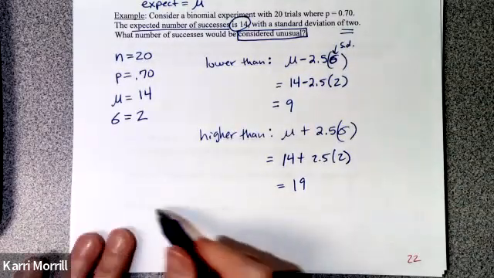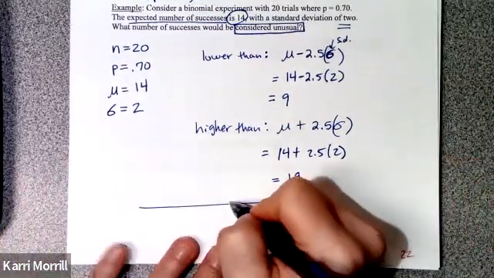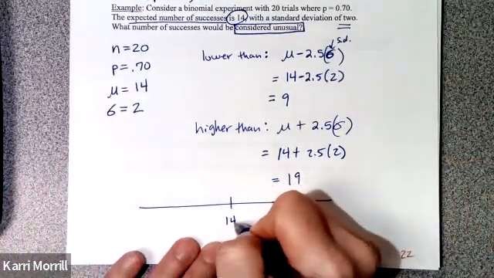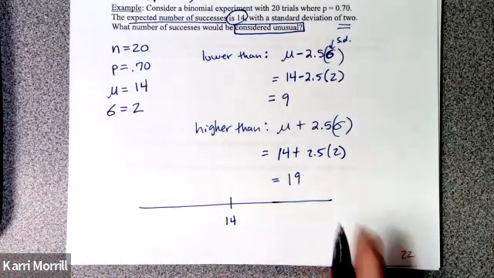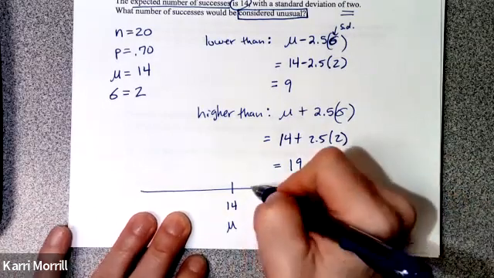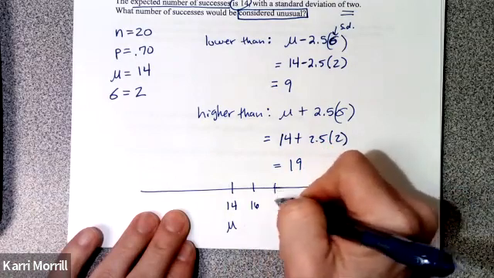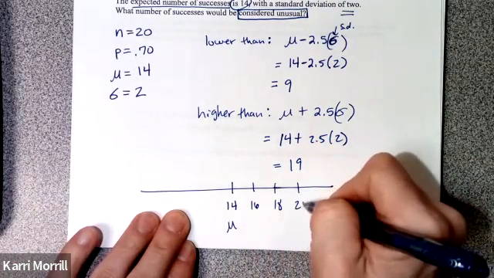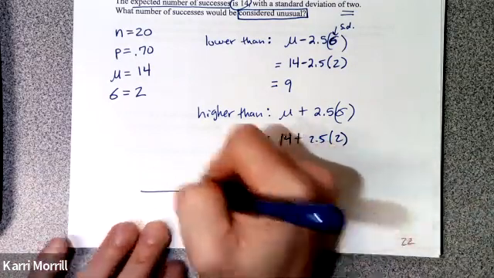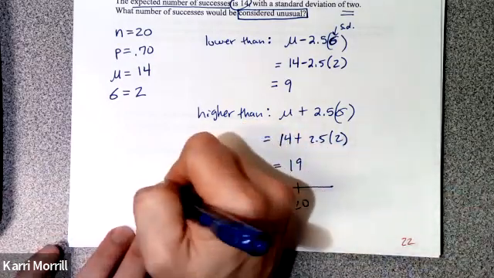So what that means is if you have a graph, and we're going to start doing this more often, your mean is 14, so it's right there in the middle. That's your mean. You can go up by 2s, or at least I would, since the standard deviation is 2. And you can take this as far as you want.